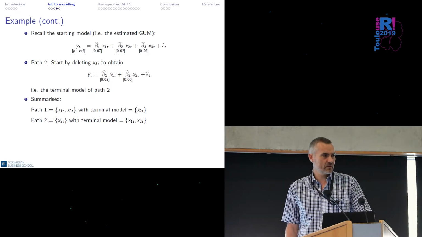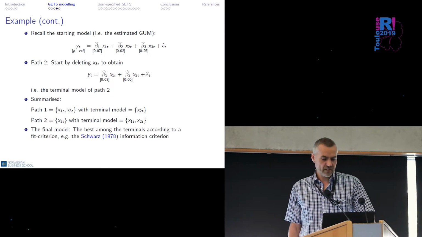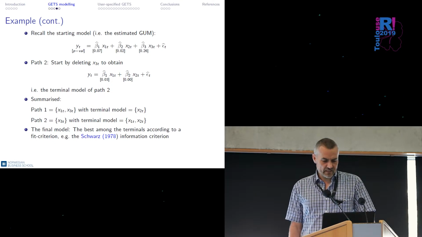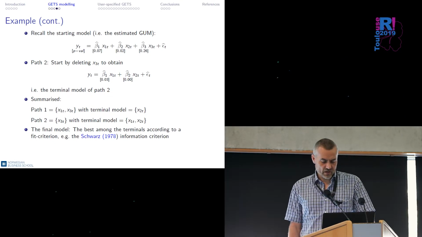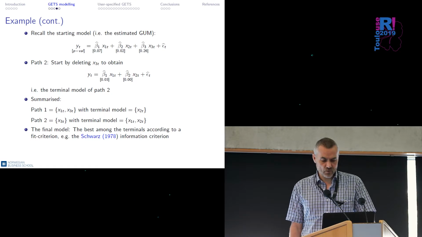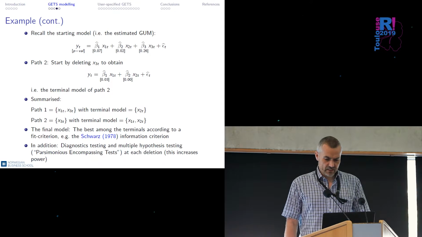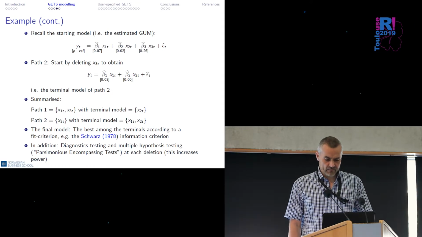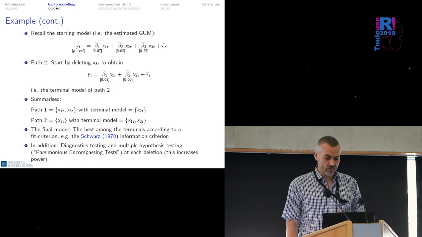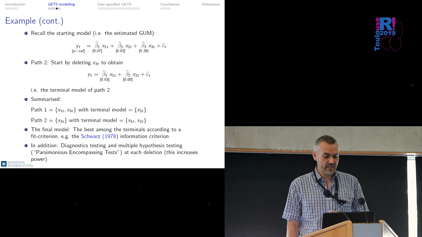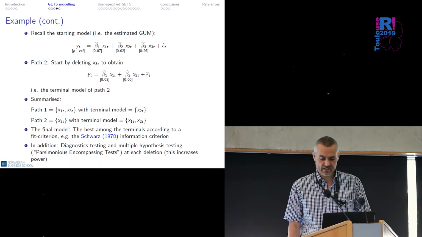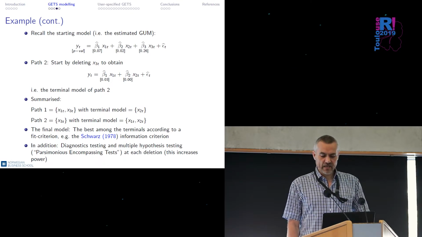The way we choose among them is with a fit criterion, and as I indicated, our favored, or default, fit criterion is the Schwarz information criterion, which means that one of them would be preferred. I haven't explicitly shown that, by default at least, one also does parsimonious encompassing testing, which means multiple coefficient tests, and a check of the diagnostics at each removal.